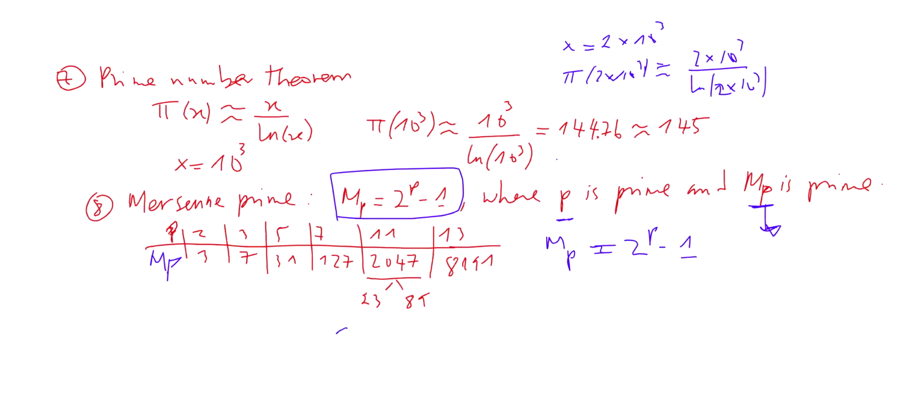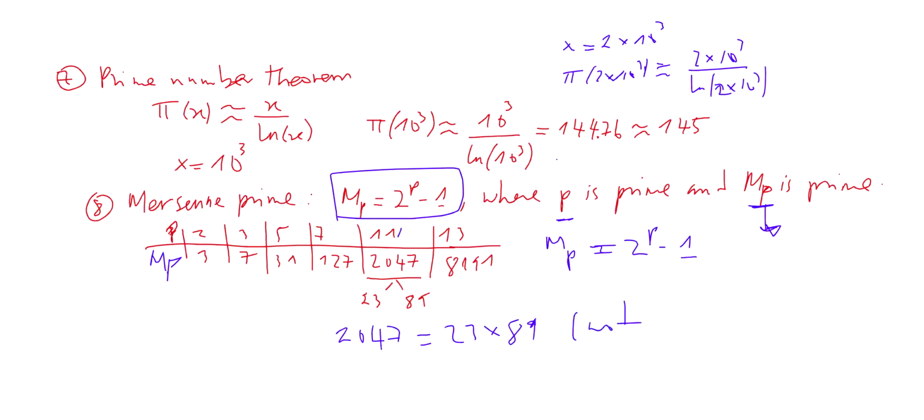So although p is a prime number, the resultant, which is 2047, is not a prime number. So it is not a Mersenne prime. This one does not qualify, because it is not a prime number.